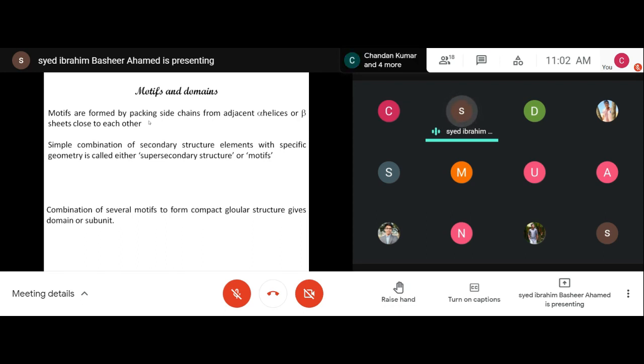A motif may be formed only by alpha helices, only by beta sheets, or by mixed secondary structures as well. It is otherwise called a super secondary structure. These secondary structures come together and make a compact whole, and sometimes motifs may be functionally active, or they may not involve any function.